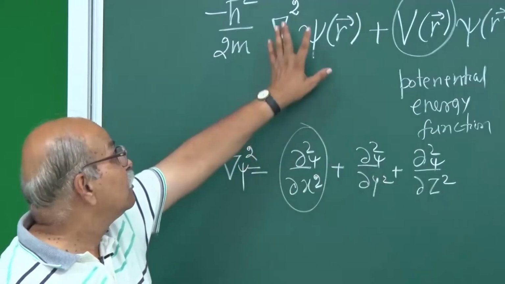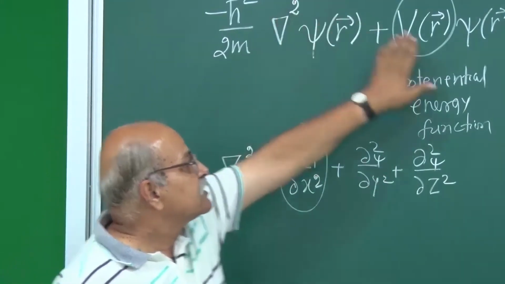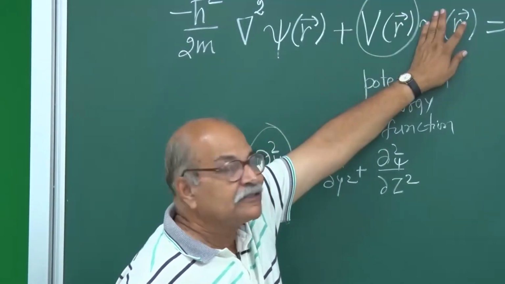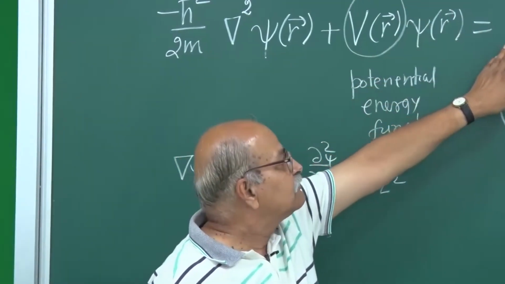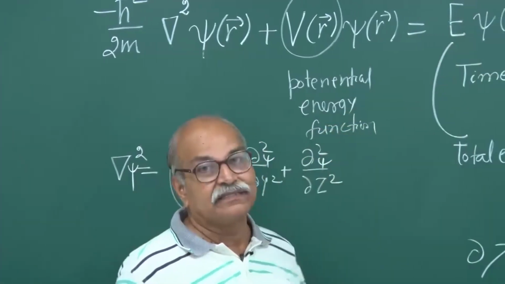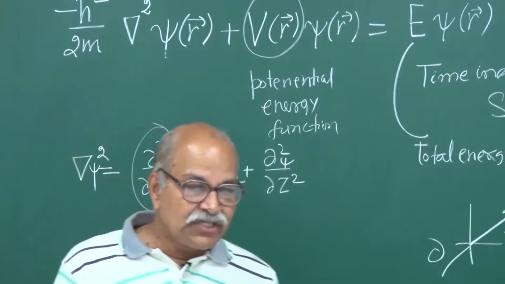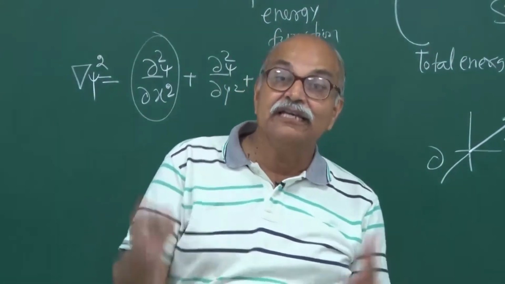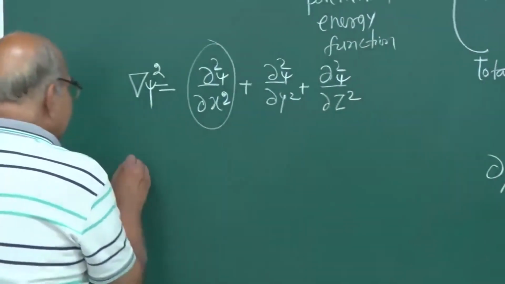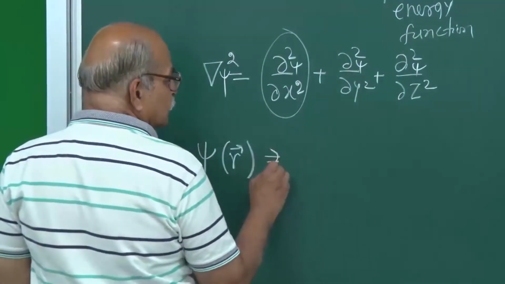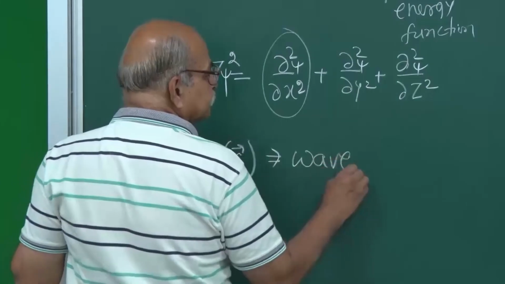That is the meaning of this operator, and this is simple multiplication of the potential energy function and psi, and then you have this energy and this psi here. Then there are certain conditions on this psi function. This psi function is a very mysterious function, and it is known as the wave function.